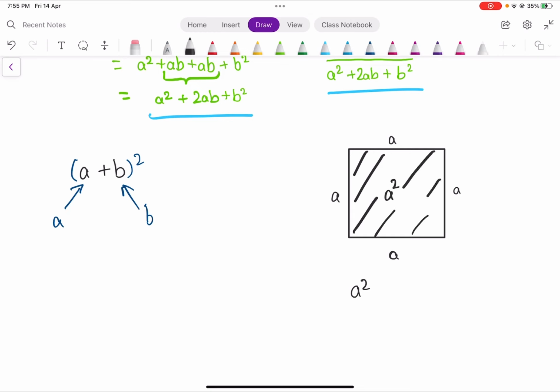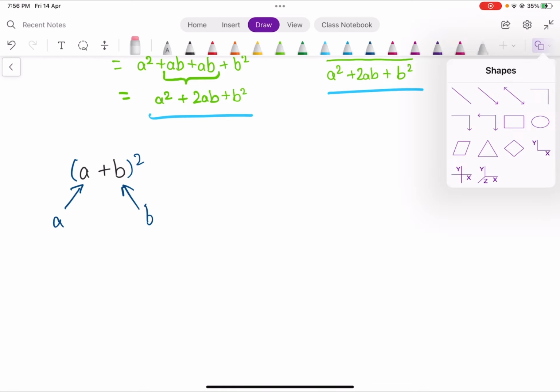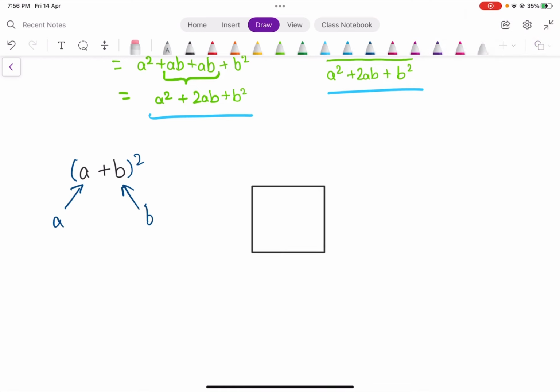Now, if I added B to this, I'll make a new square over here. Over here, this is our A squared.